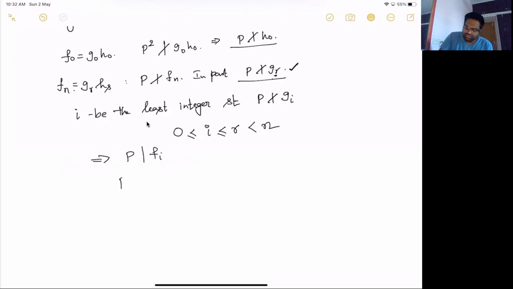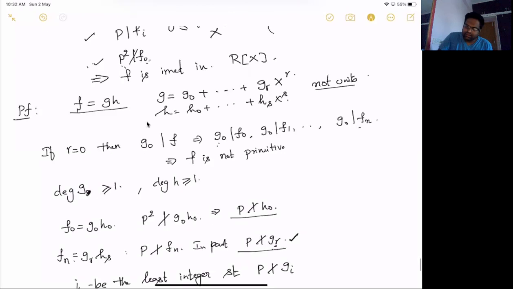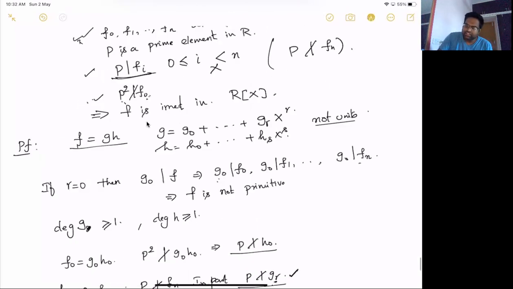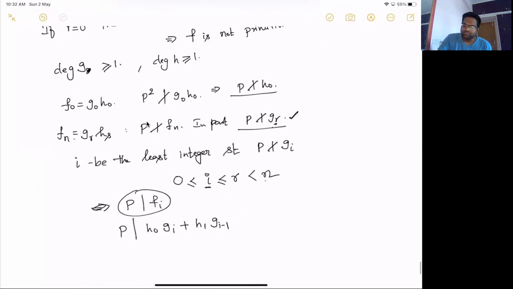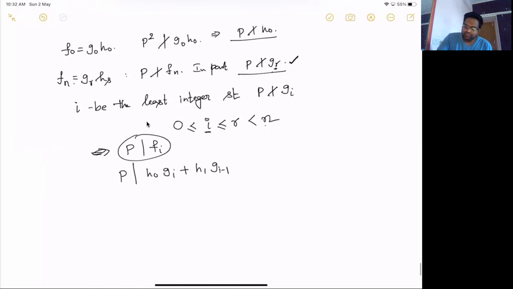That is, p divides H0 Gi plus H1 Gi minus 1. We already know that p divides Fi, so i is strictly less than n. And by the second hypothesis, p divides each and every Fi, where i is strictly less than n and greater than 0. So p divides Fi would imply p divides H0 Gi plus H1 Gi minus 1, and so on, plus Hi G0.